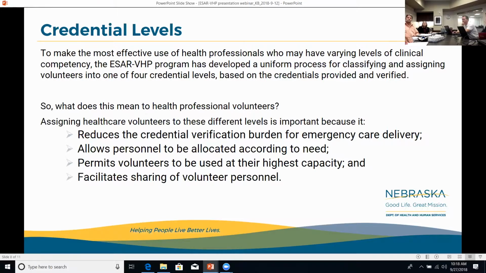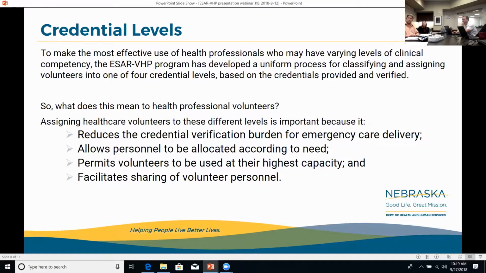There are 4 different credential levels to make the most effective use of health professionals who may have varying levels of clinical competency. The ESAR-VIP program has developed a uniform process for classifying and assigning volunteers into one of 4 credential levels, and this is based on the credentials provided and verified.